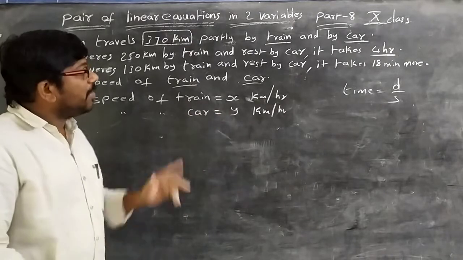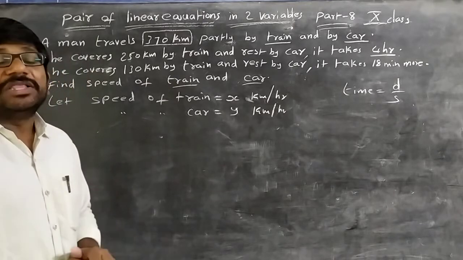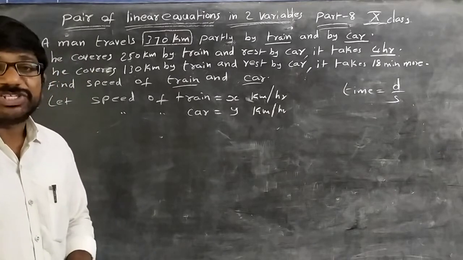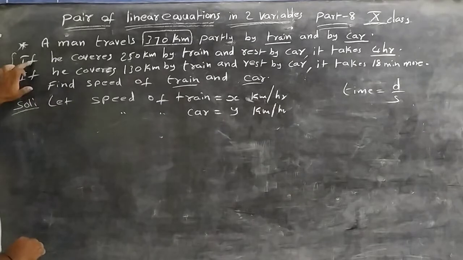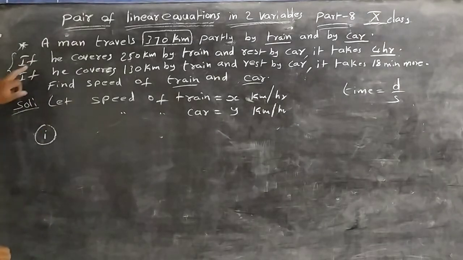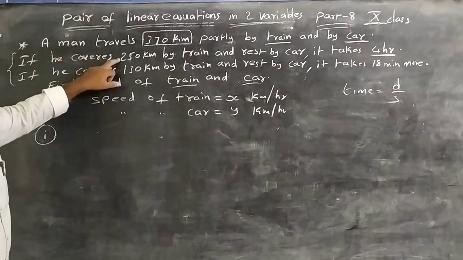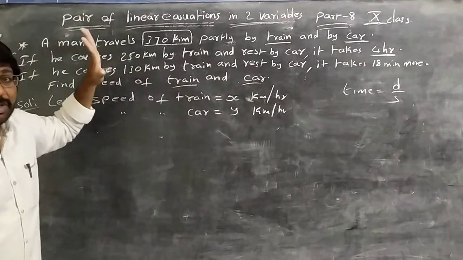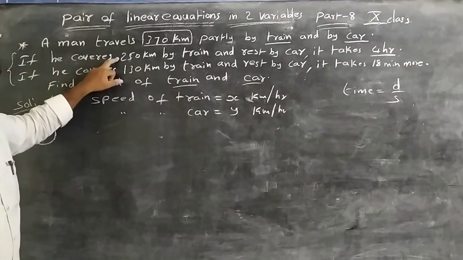Now we have to convert the data into a pair of equations. From the first condition, observe carefully. He covers 250 kilometers by train, so the distance is 250.